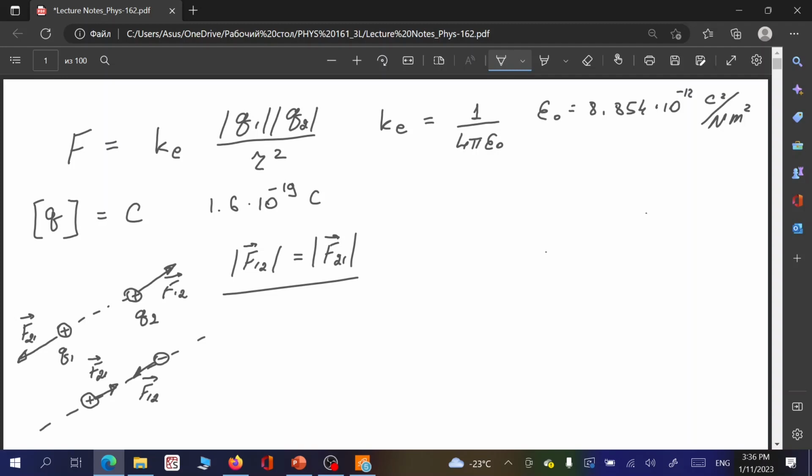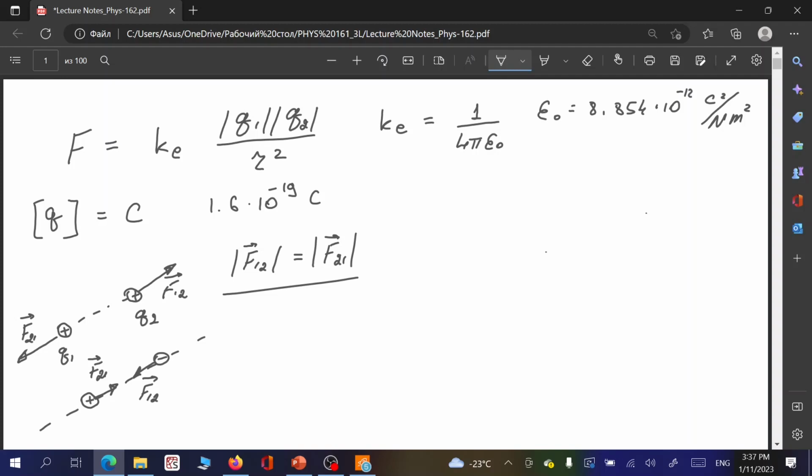Obviously, if we have a system of electric charges, not just two, then we need to take into account all electric forces exerted on a given electric charge from all neighbors. In vector form, we need to sum up all exerted forces on this given electric charge from neighbors. As a result, this vector sum will give us the net electric force exerted on a given electric charge.